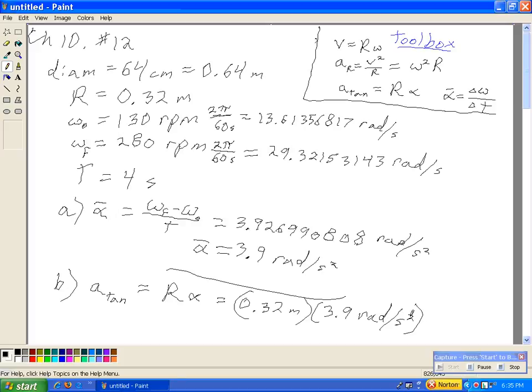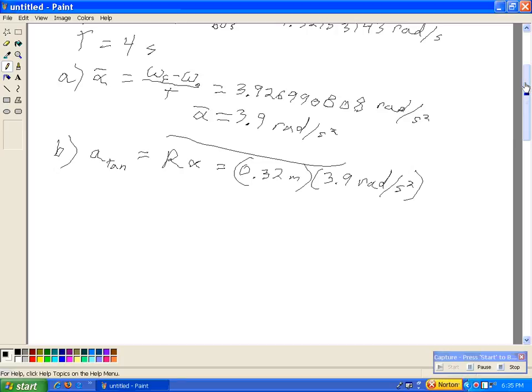I actually used the whole number, so instead of using 3.9, I did the 3.926990808. Tangential acceleration is 1.256637058 meters per second squared.